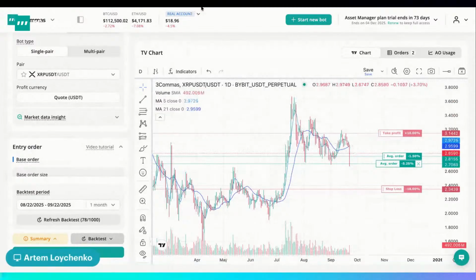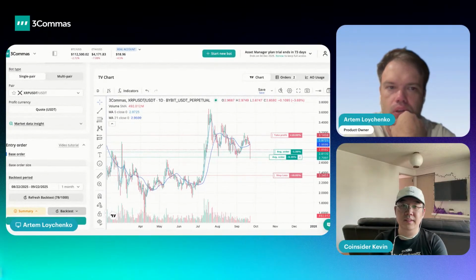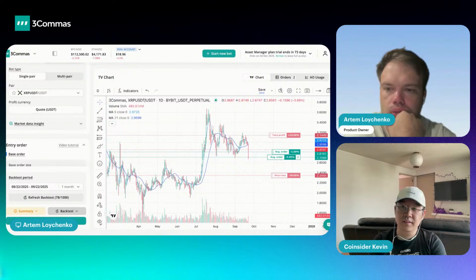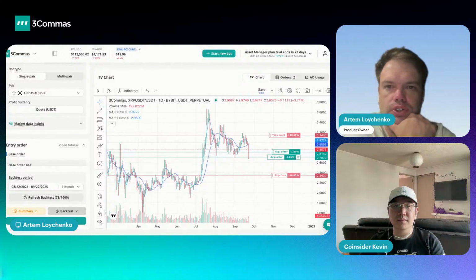So first, I would see how the volatile strategy would do, the one that we just checked. I will just reopen it, so I will not spend time on the configuration.